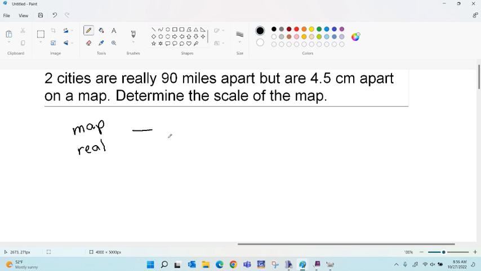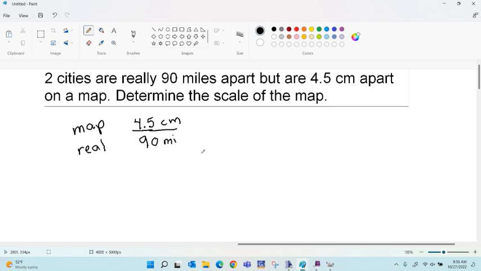So what goes into the numerator? What's the map number, Brielle? 4.5 centimeters, good. And so what would be the reality, Brielle? 90 miles.